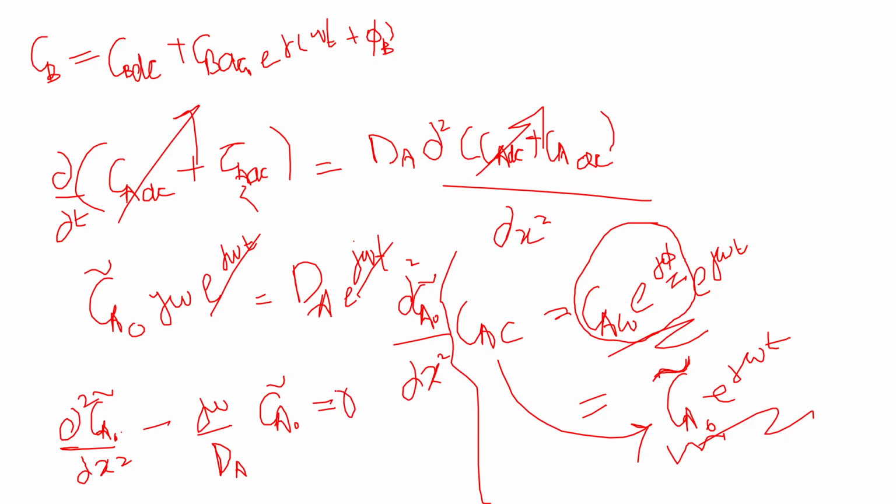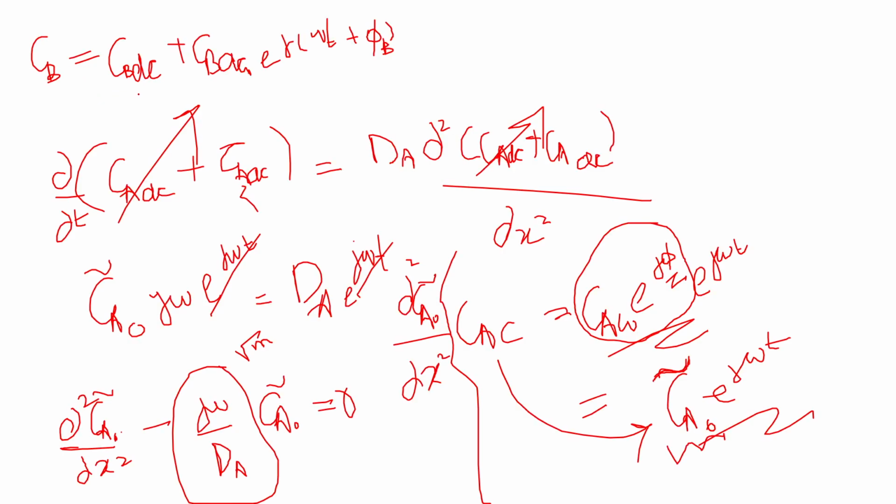So this is in the form ∂²y/∂x² minus mx. So this one will be nothing but square root of m, right? So similarly, the solution for this equation, m is nothing but, it's not square root, it's m square.